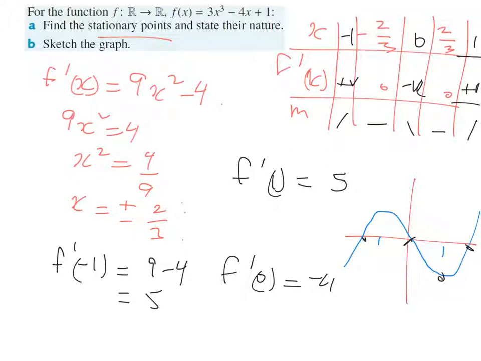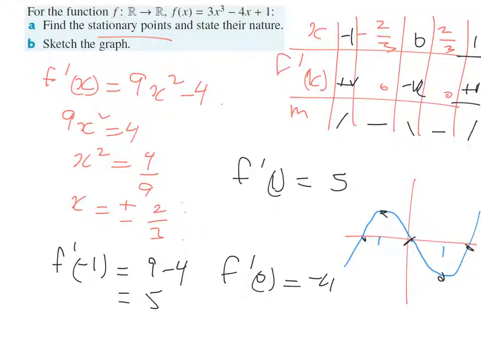Now, when we're sketching graphs, remember to find your intercepts and values of turning points, which you can find just by substituting in values and doing whatever else you need to. But to go over that again, we want to find stationary points, we differentiate, let the derivative equal 0 and solve for x. Oh, I haven't actually said 9x squared minus 4 equals 0. Make sure you put that in.